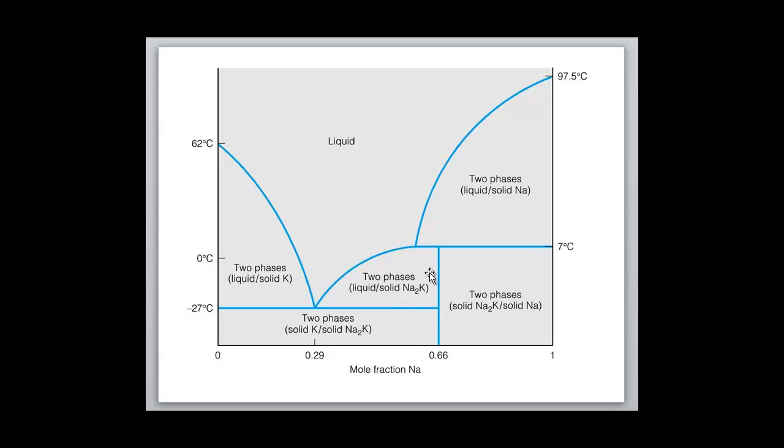We have a lot of different regions than we saw before. I want to focus on this region here, and we'll leave it up to the viewer to interpret what's happening in these other regions.